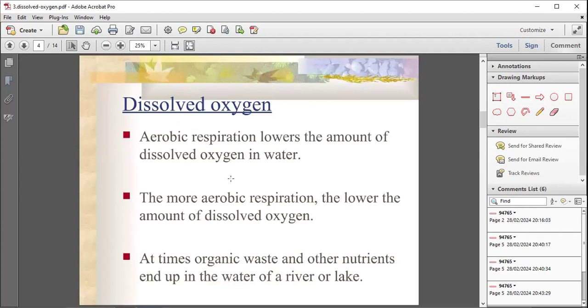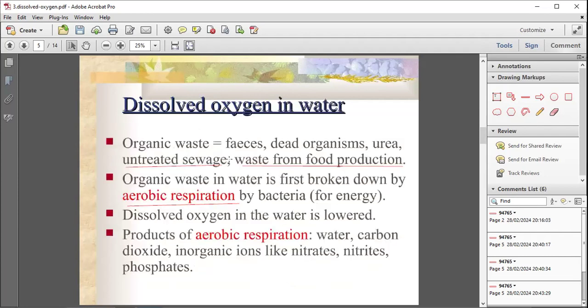Then aerobic respiration lowers the amount of dissolved oxygen in water. The more aerobic respiration, the lower the amount of dissolved oxygen, and organic waste and other nutrients end up in water of river or lake. Organic waste, already seen.